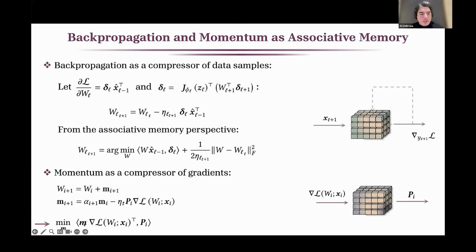So from this perspective, we can say that the momentum term is an associative memory for the gradients. So basically, momentum is trying to compress the gradients. And it's very similar to memory. The context of the memory that we know is a token space. But now we are talking in the gradient space.